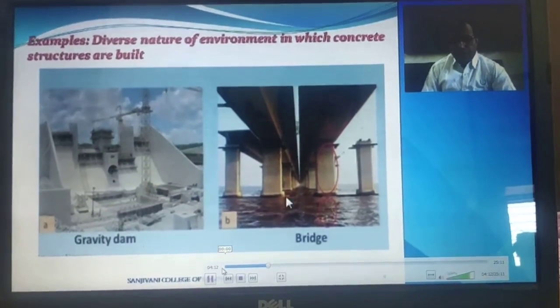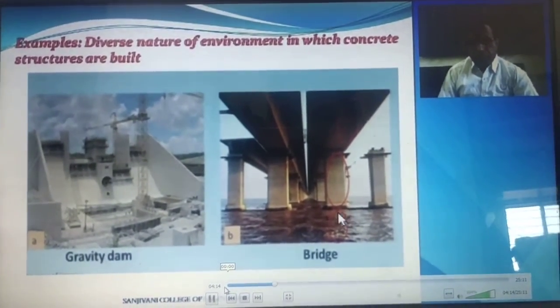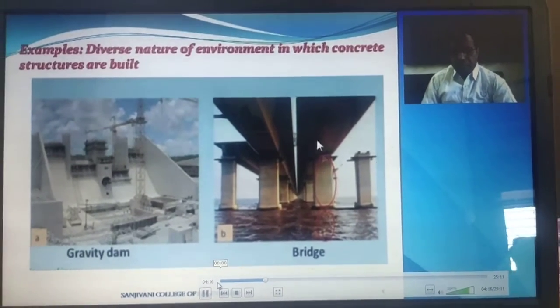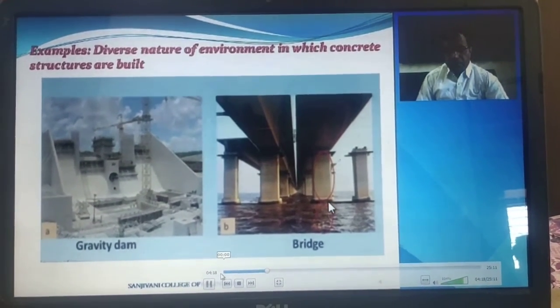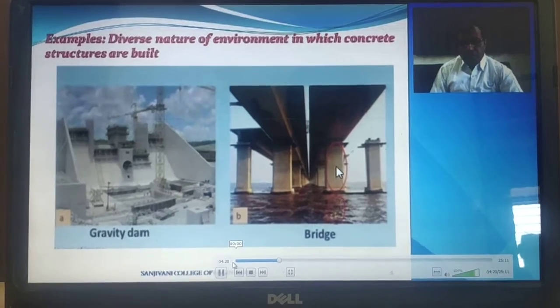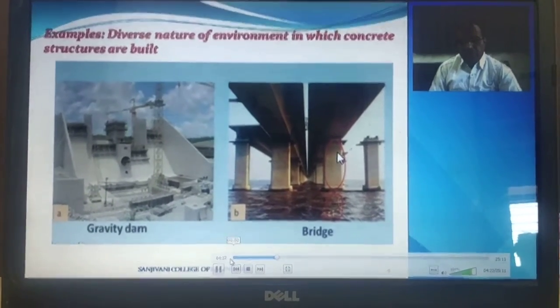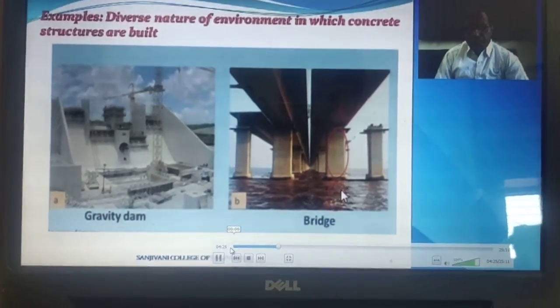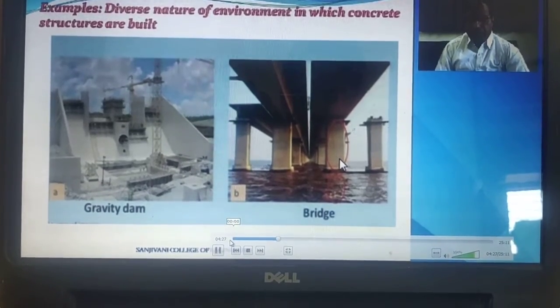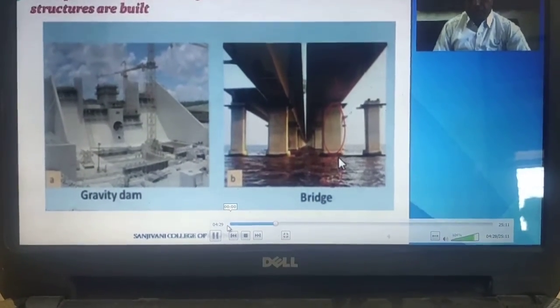In the case of a bridge, if you see this pier, some parts of the pier are submerged in the water and some parts are over the water. So this pier itself has different atmospheric conditions.